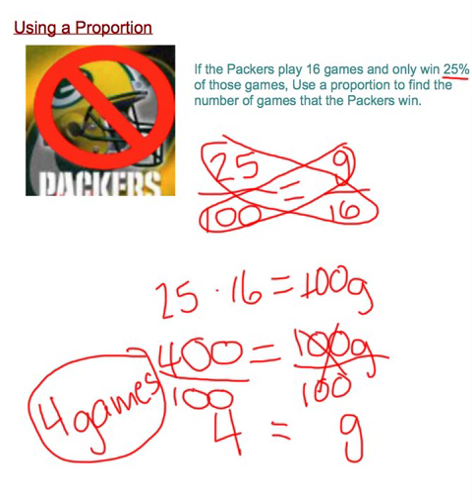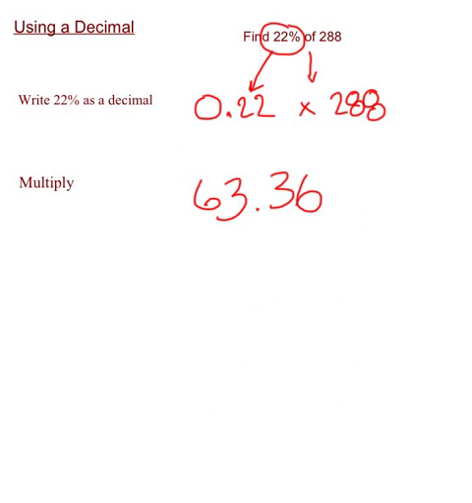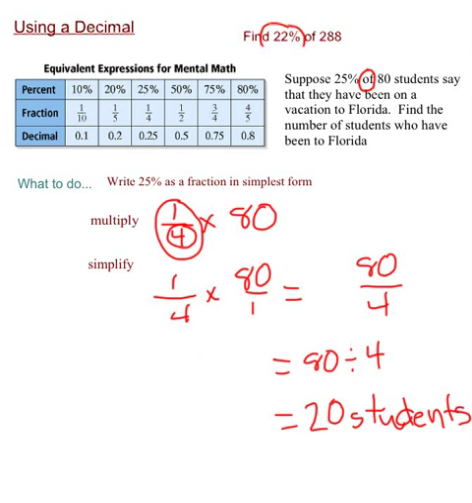And in our other example, write your percent as a decimal, multiply it by the total amount. That'll tell you your percent of a number. And finally, you've got your little table right in your notes of percents that are easy to use. Write your percent as a fraction. And remember, if the fraction has a numerator of 1, like these here, all you're really doing is dividing by the denominator.